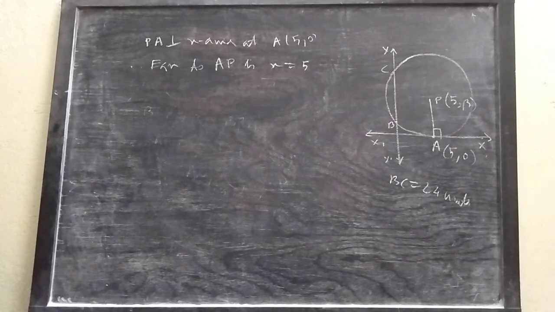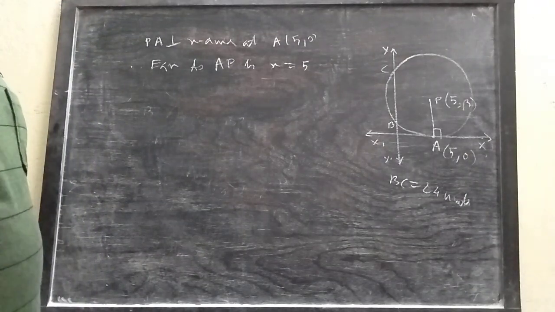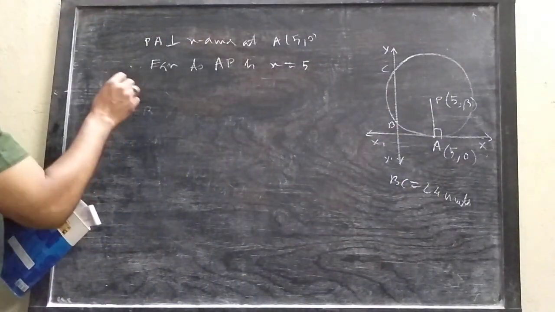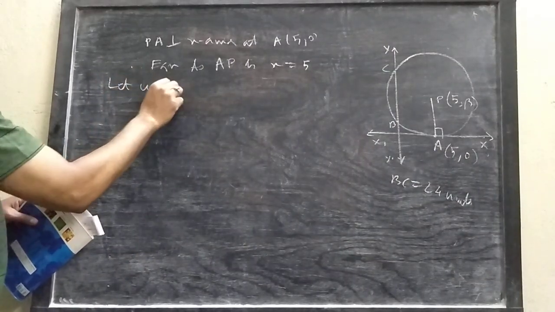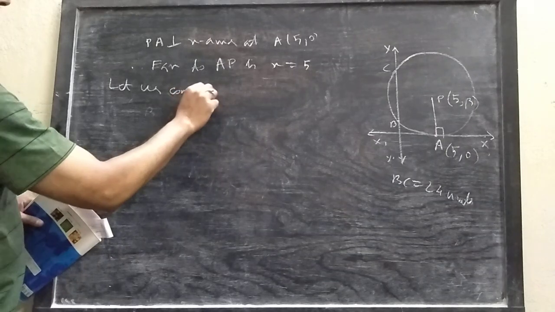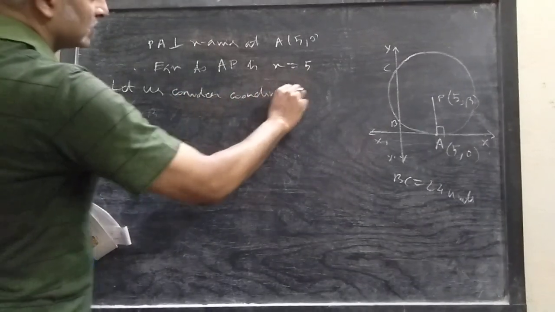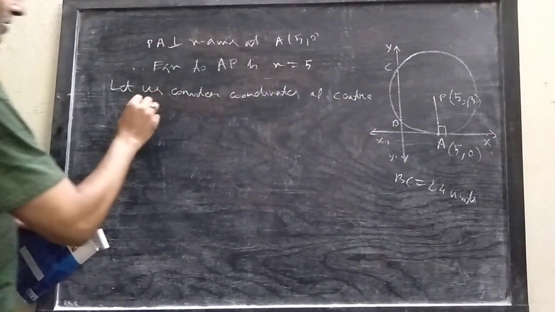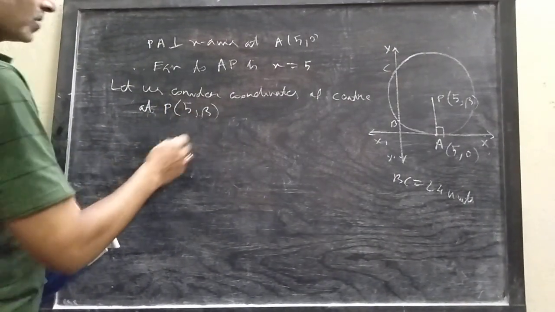Now, when a circle touches the x-axis, the absolute value of the ordinate of the center is equal to the length of the radius. So let us consider the coordinates of the center at P (5, beta).